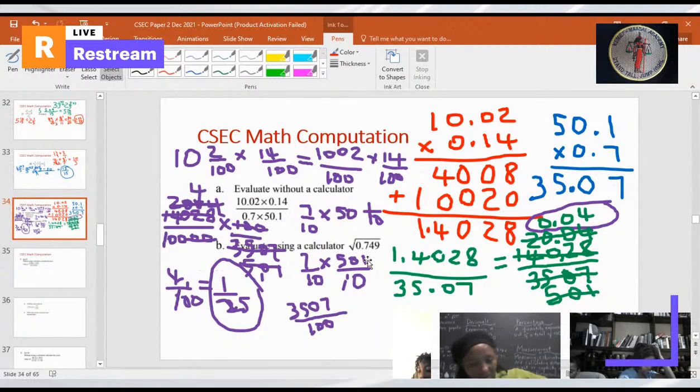Because remember, we'd have to be adding the decimal places. Oh, Miss, I got 729 again. Yeah. All right. Let's move on from this one.